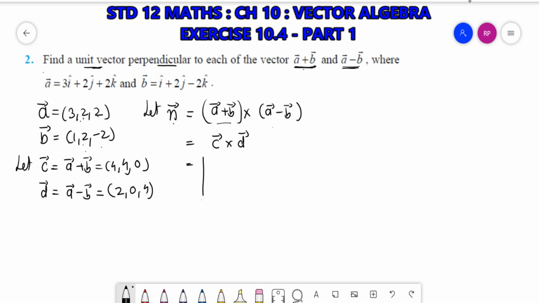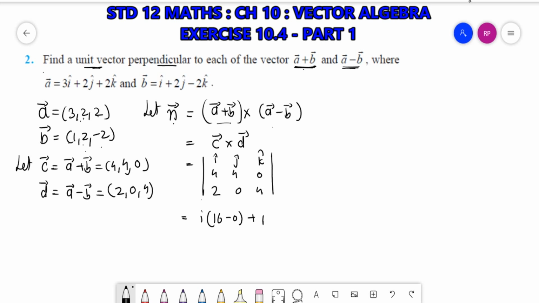So now let's use our usual formula I, J, K. C, that is 4, 4, 0, and D, that is 2, 0, 4. So this will be equal to I, 4 4s are 16, minus 0.